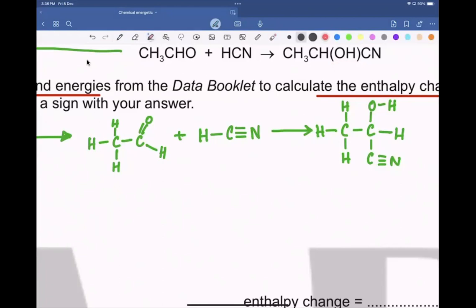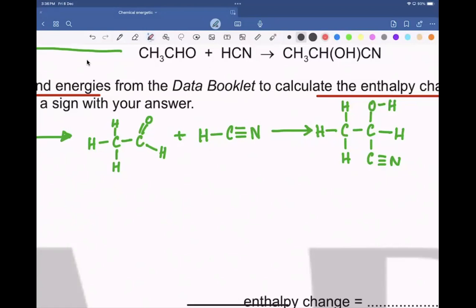Who can tell me which bonds are broken? Okay. Now, listen carefully. The easiest way to identify which bonds are broken: the bonds which you are not seeing in the product, but are present in the reactants, are the bonds which are broken.